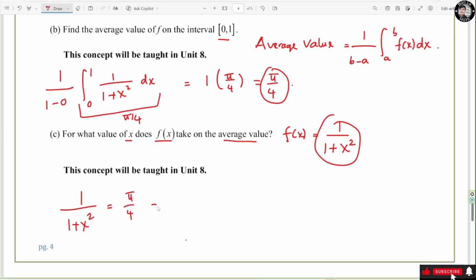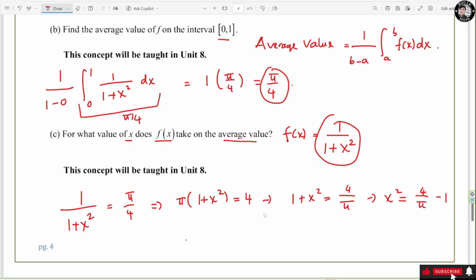Now cross multiply, so this guy turns out to be pi times (1 plus s squared) equals 4, right? And 1 plus s squared equals 4 over pi. Then s squared equals 4 over pi minus 1.